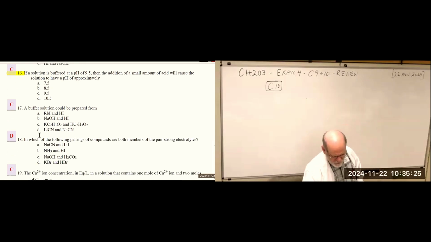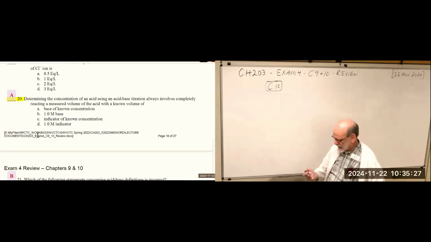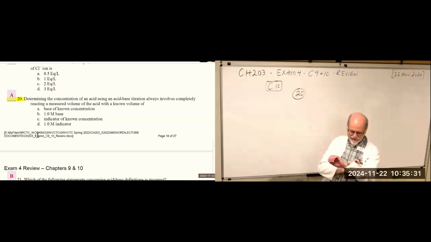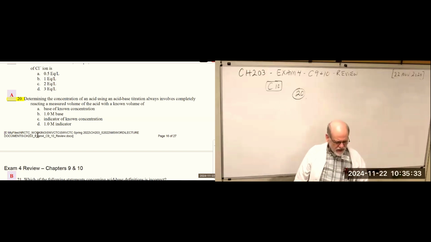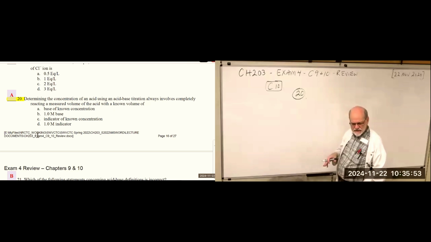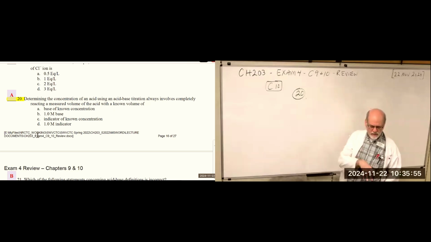Let's see, scroll. 20. Determine the concentration of an acid using an acid-base titration always involves completely reacting a measured volume of acid with a known volume of... Well, if you're going to determine the concentration of an acid, for simplicity's sake, let's say they're monoprotic and monobasic.